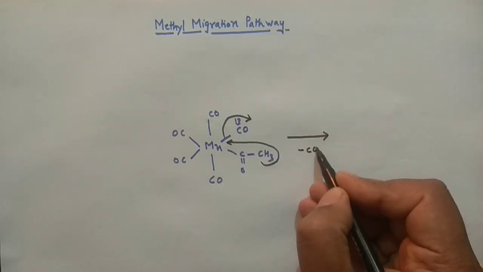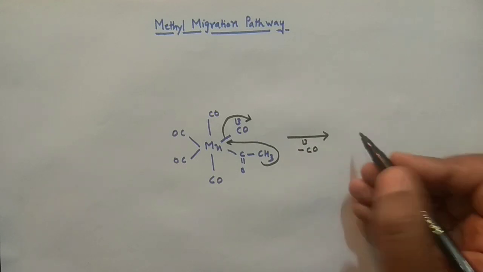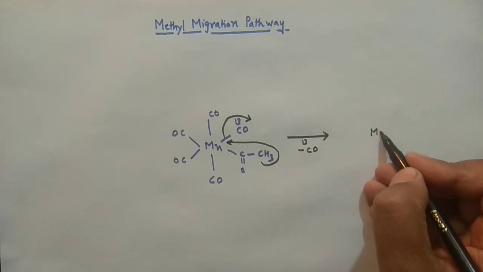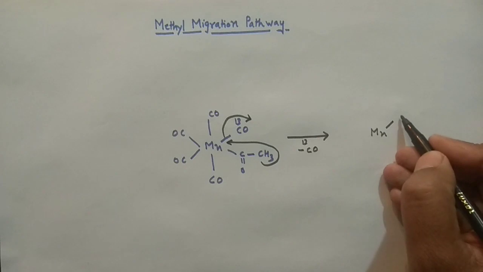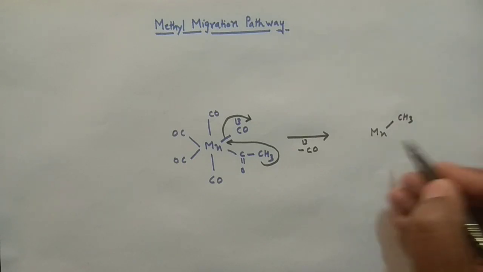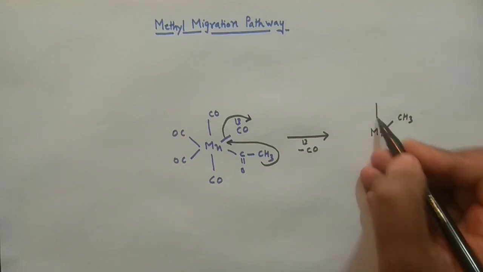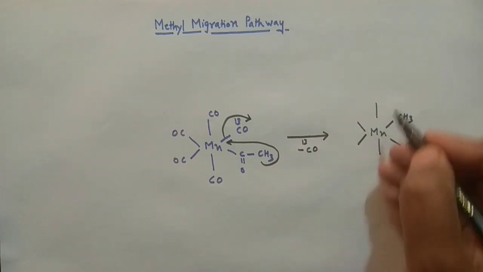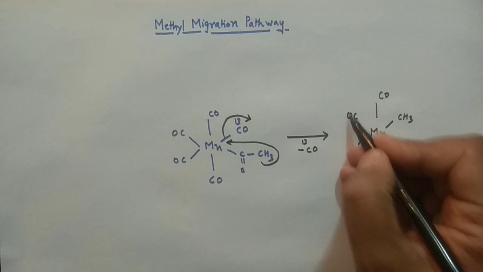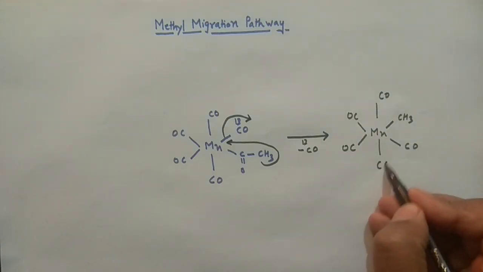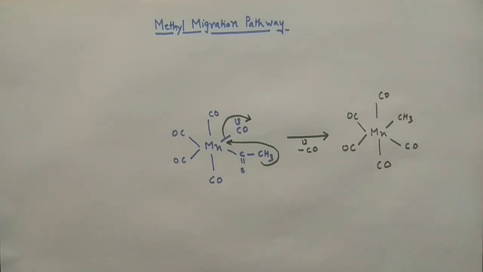So I can write minus 13CO, and I have my product in this way. This is CH3 which is here, and this is my carbonyl, and all other carbonyls are there. Okay, got it? So this is one of the products if I follow the methyl migration. And then again I follow the methyl migration in a different way.